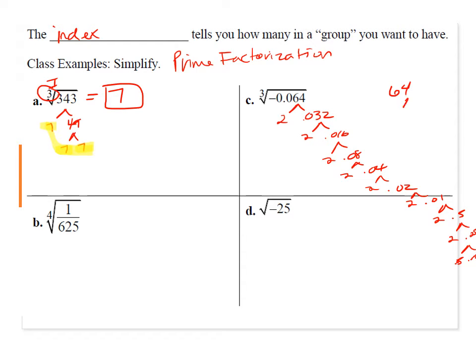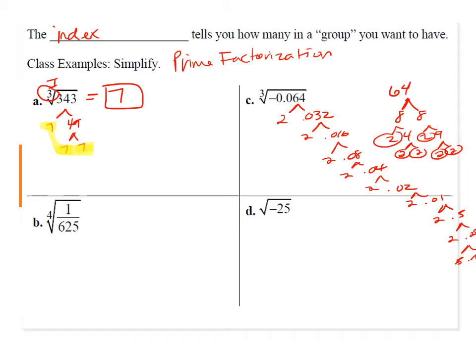And as 64, this becomes 8 and 8, then 2 and 4, 2 and 4. Primes right there. And 4 becomes 2 and 2, 2 and 2, right?